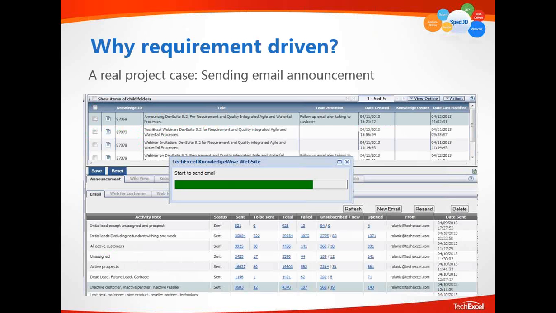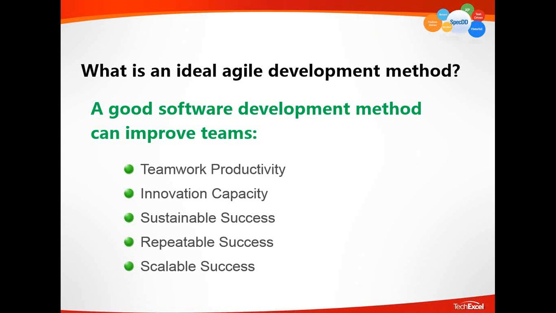And why requirement-driven? I would say if there's only one factor a team should rely on to improve all the possible successes for an ideal method, I would say communication is the best.